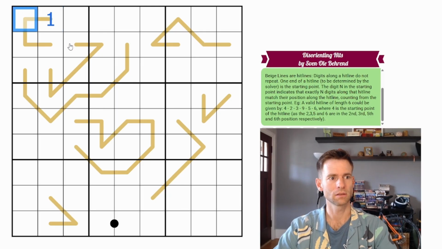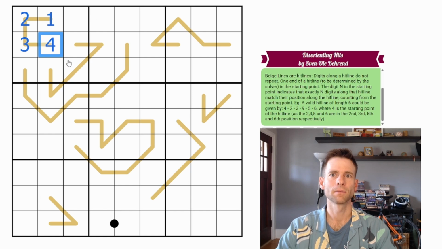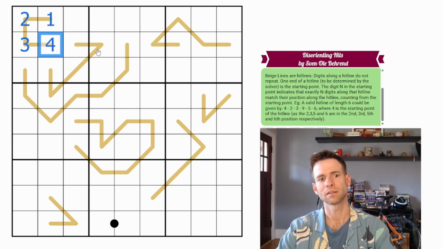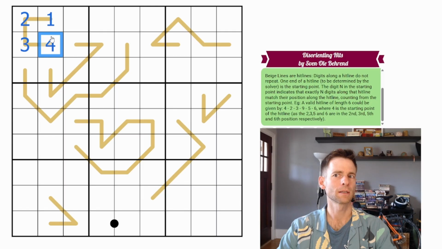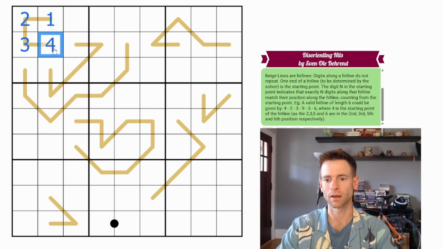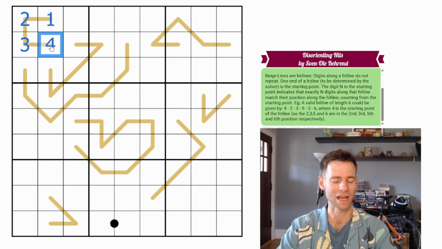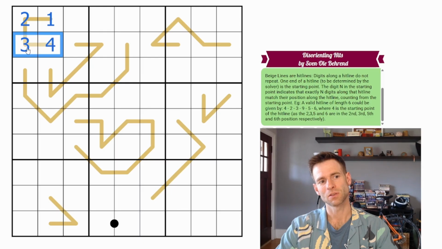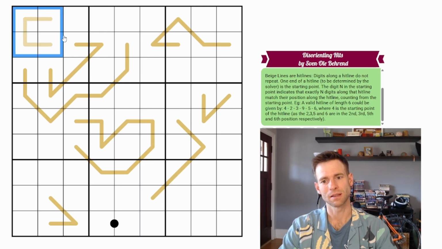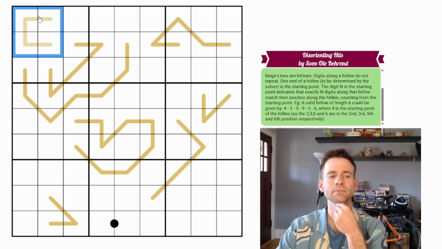Like if you made this 1, 2, 3, oh no, it's not even 4, because 4 actually would be impossible in that case. The reason is because if you're saying that the 4 is the maximum number of matching digits, that means 4 is the starting point, and by definition doesn't match position 1. Like that would be position 1, and it's not actually matching it. So the most you can make these match is 3.